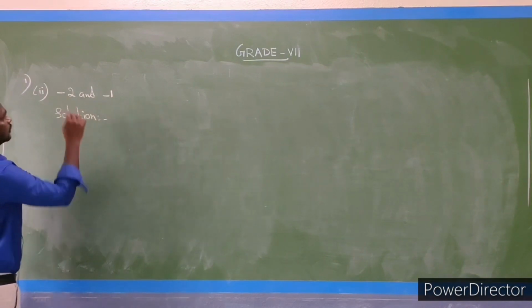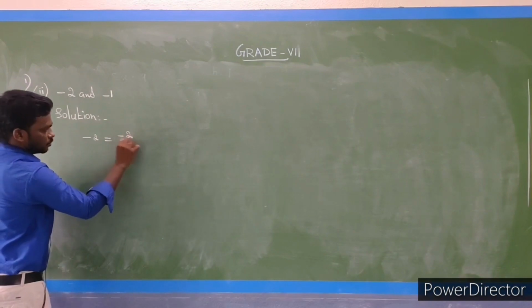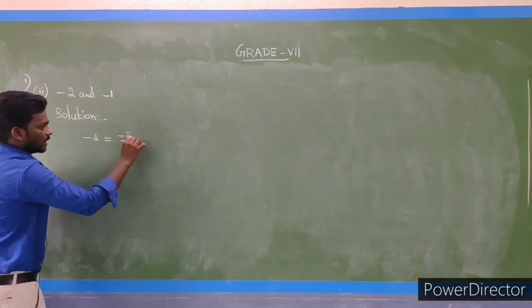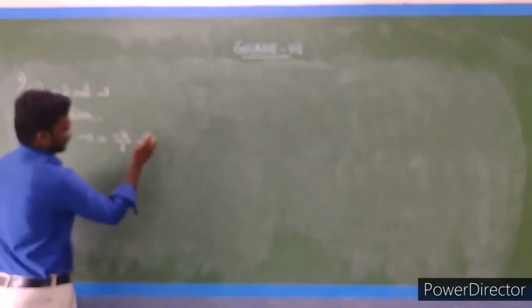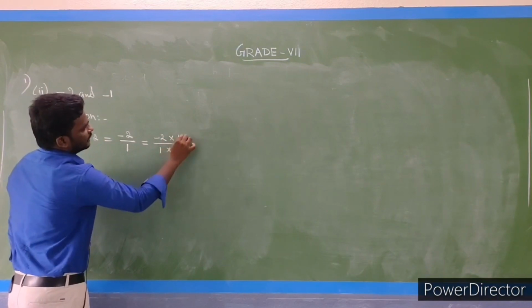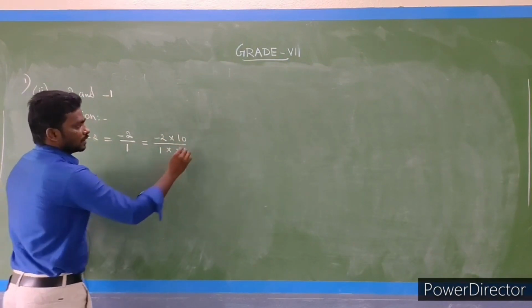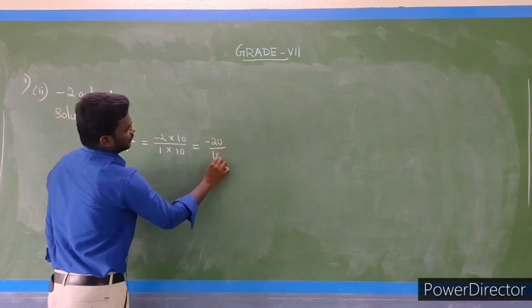Solution: minus 2 can be written as minus 2 by 1. We know every number has 1 as denominator. Minus 2 by 1 is written as minus 2 by 1 multiplied by 10 by 10, which is equal to minus 20 divided by 10.